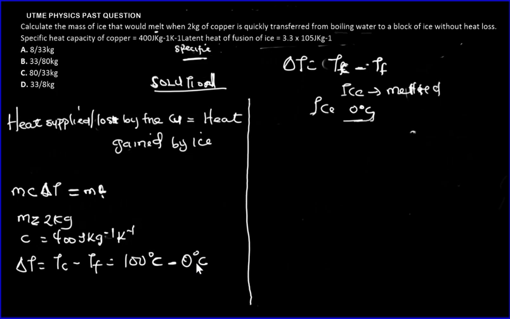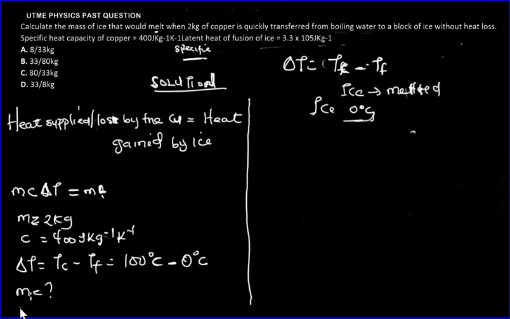We are looking for the mass that will absorb all the heat just to melt the ice, not to raise its temperature. So the final temperature of the mixture of both the ice and the copper will be 0 degrees Celsius. So the mass of ice is what we are looking for.